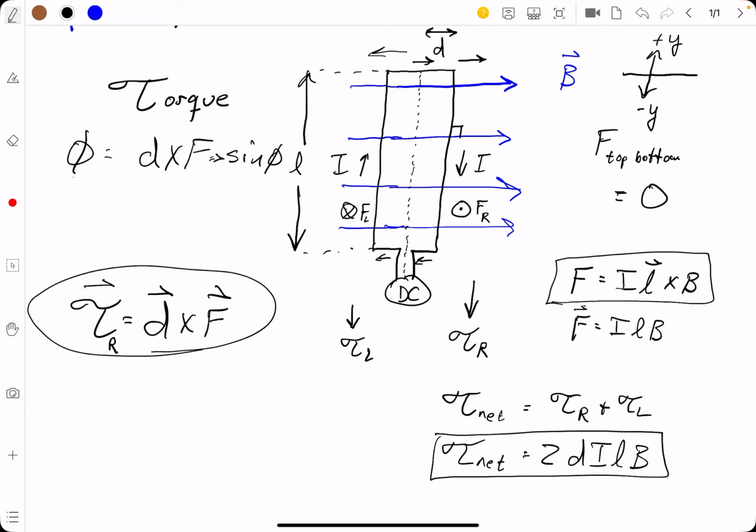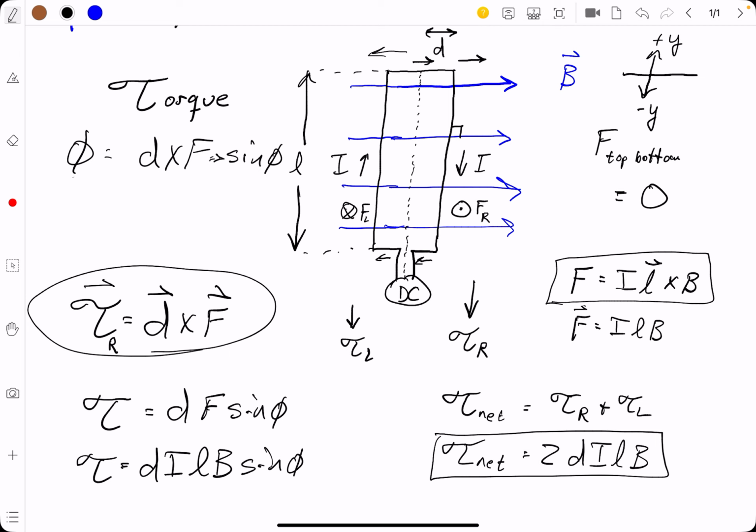So we really end up with our torque is equal to dF sine phi, and I cross B is always going to be sine of theta is 90, sine of theta is 1. So our torque then is D I L B sine phi. Okay, at all times.